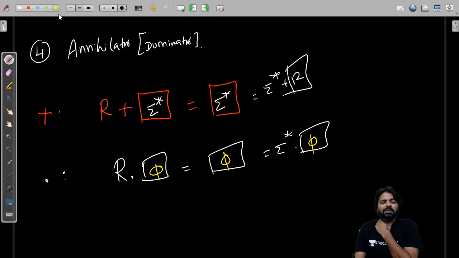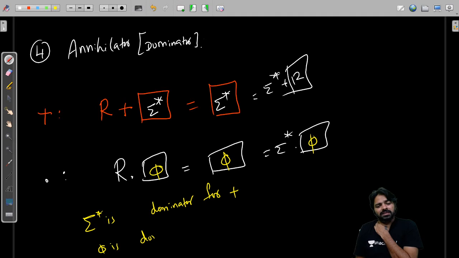Sigma star is the dominator for plus, and pi is, sorry, not, why not? Sigma star is the dominator, pi is dominator for dot. So these 2 points are very important to dominate the expression, guys.